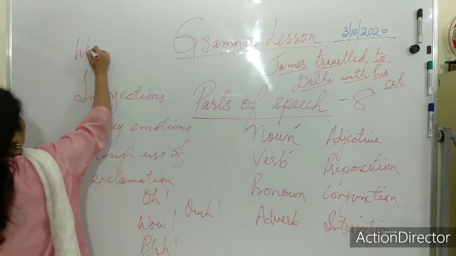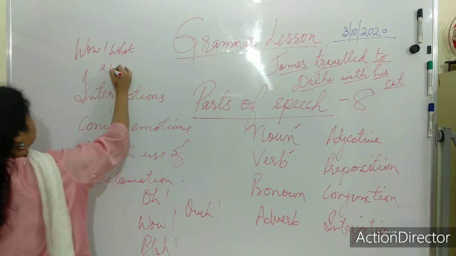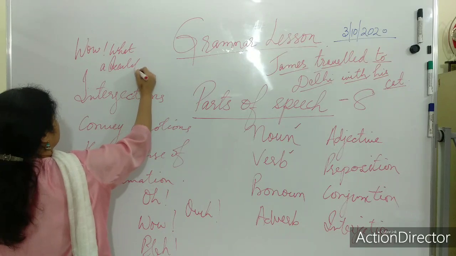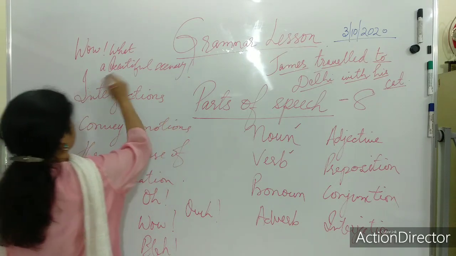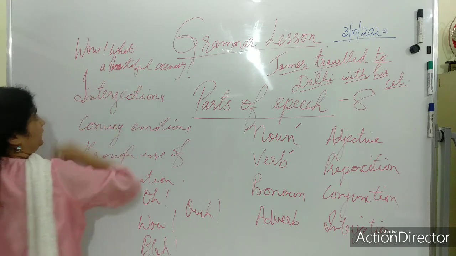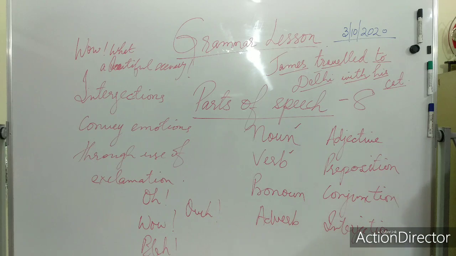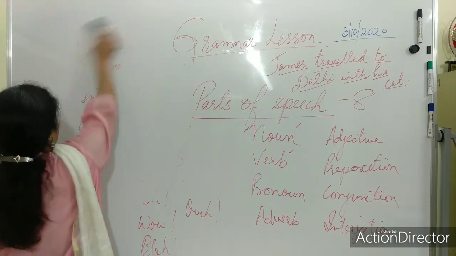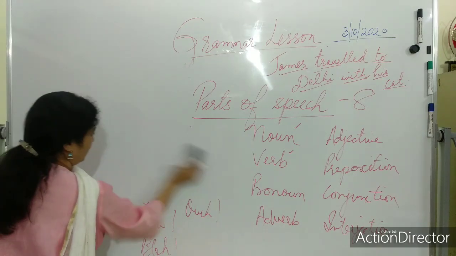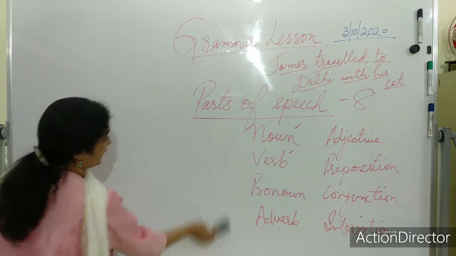Wow, what a beautiful scenery! Again an exclamation mark. Okay, keep this in mind. So these are your parts of speech, and I have just touched upon what they are and a few examples.